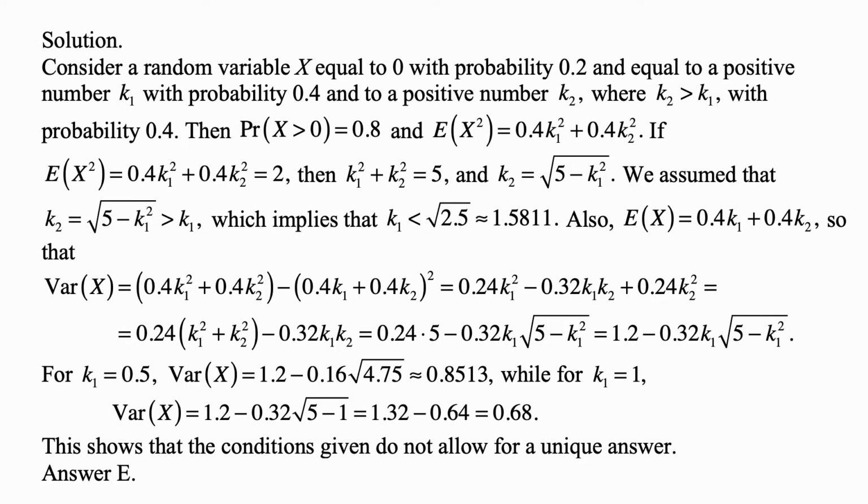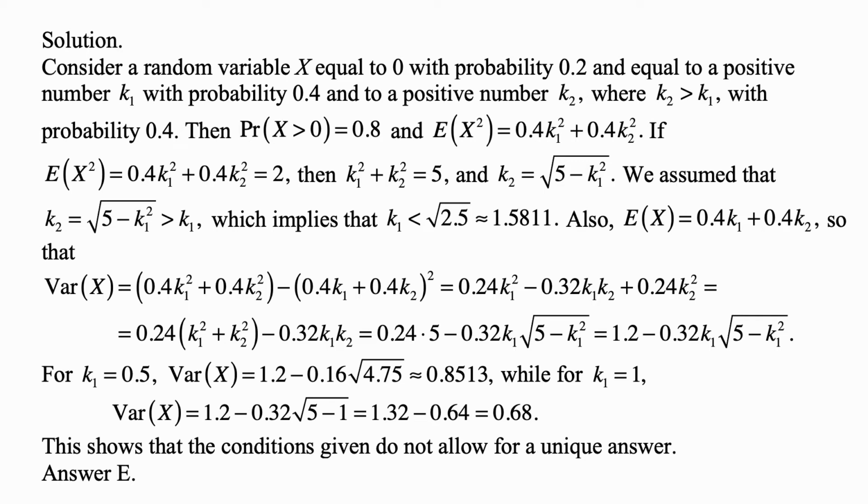If we set this second moment equal to 2, then k1 squared plus k2 squared is equal to 2 divided by 0.4, and that's the same as 1 divided by 0.2, so it's 5. And so k2 is equal to the square root of 5 minus k1 squared.